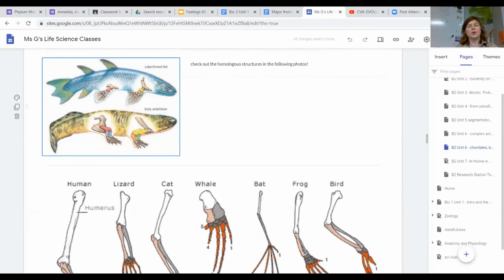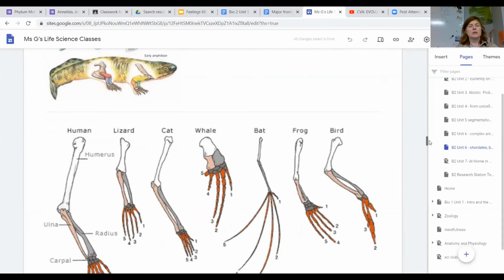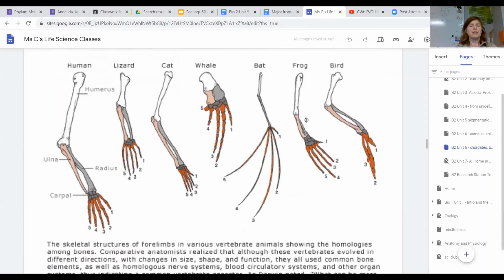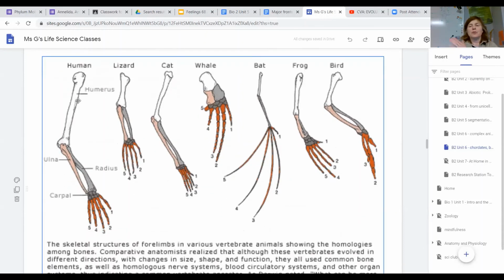And most fish, when we're looking at their fins, we can't make this connection, but within the lobe-finned fishes, we can make this connection and start looking for homologous structures. And I love looking at limbs of, we call them tetrapods, four limbs, looking at these tetrapod comparisons of the humerus, the upper bone, that's my humerus, and see that we can actually find a homologous structure across all these animals.